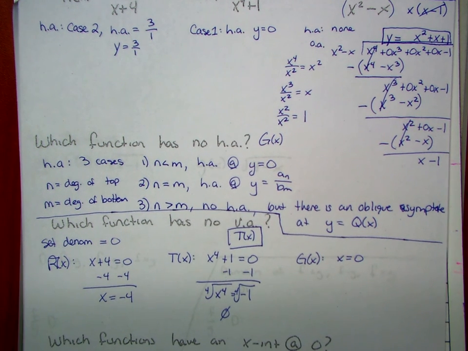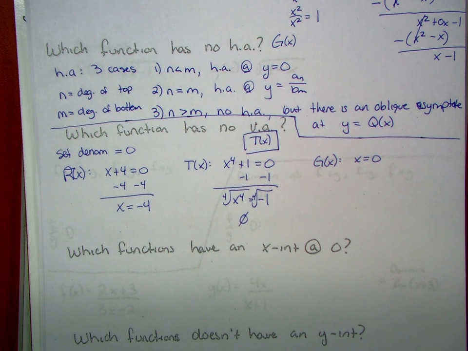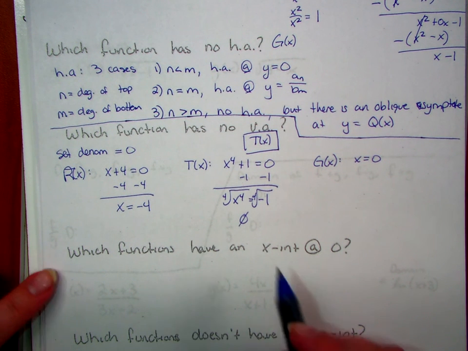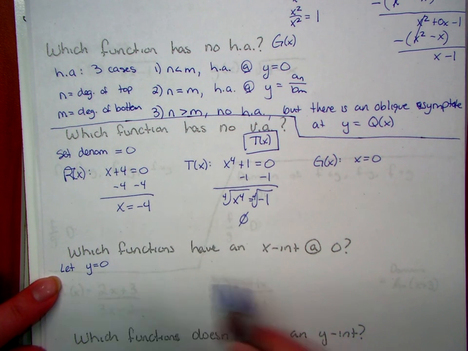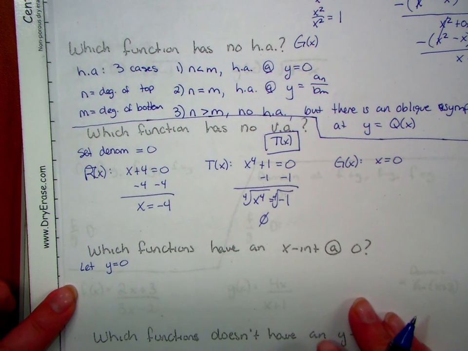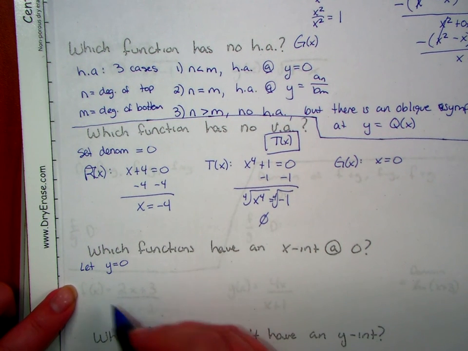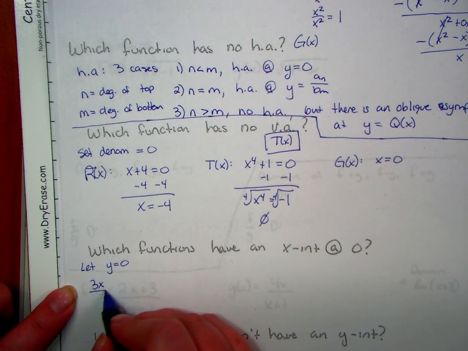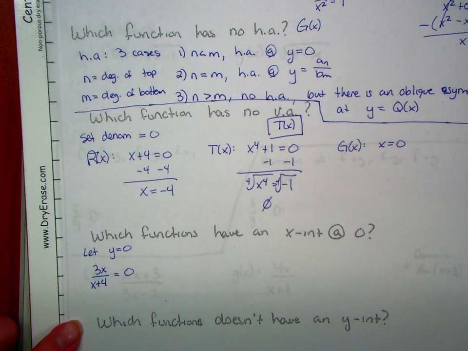All right. Which functions have an x-intercept? Remember when we found x-intercepts, we're going to let y equal 0. So we're going to set these functions equal to 0. I'm going to do them in columns. If I set r of x equal to 0, I get this equation, 3x over x plus 4 equals 0.